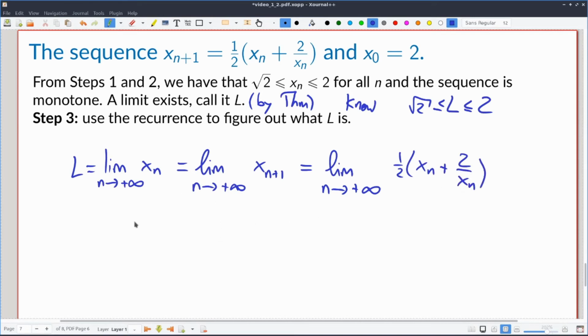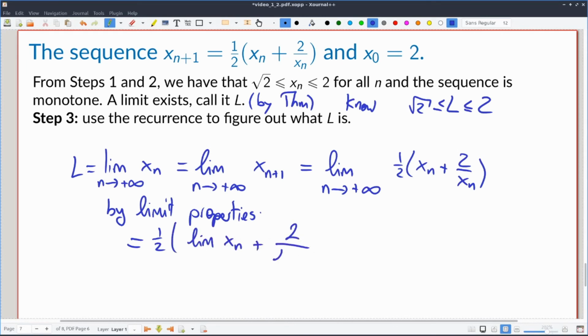That's just because we just reindexed, basically, and reindexing doesn't change a limit. But now, by limit properties, this is equal to 1/2 times the limit of the xn's plus 2 divided by the limit of the xn's. So that's 1/2 of L plus 2 over L.